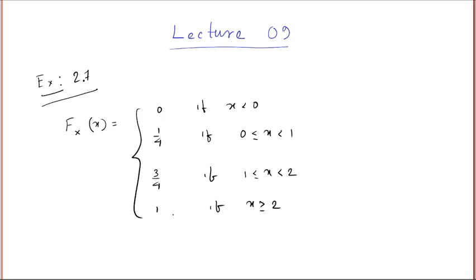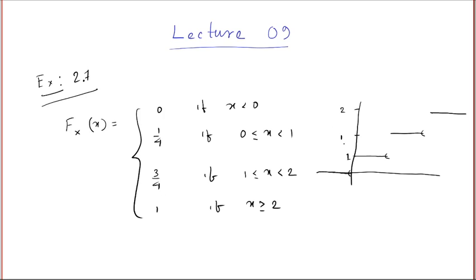As we have already pointed out, the distribution function is 0 up to this point. Obviously here it is open, then it is this, and then we have another step, and finally it reaches 1.